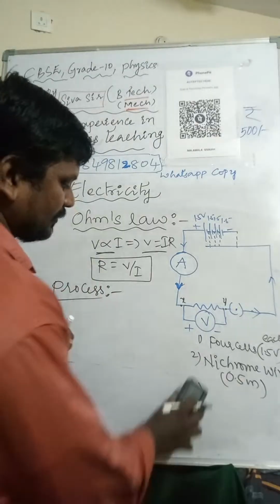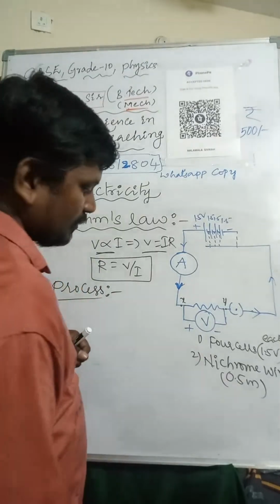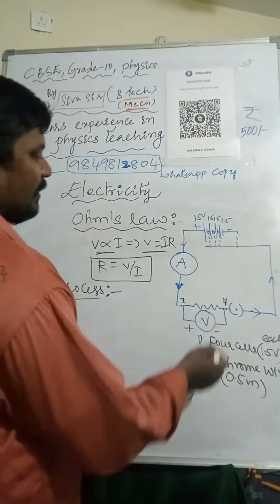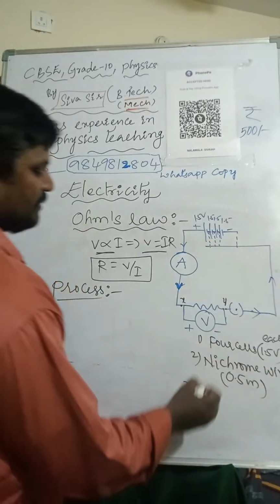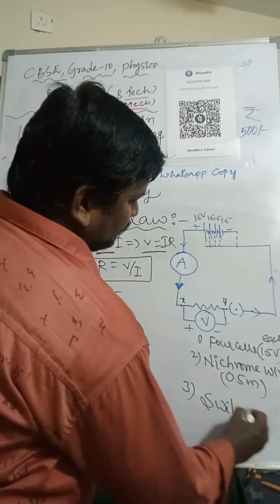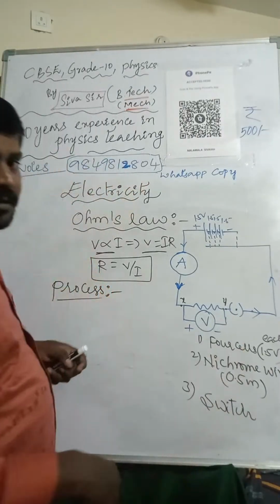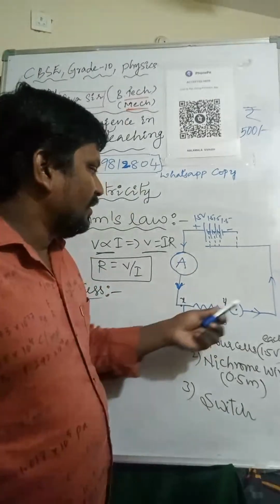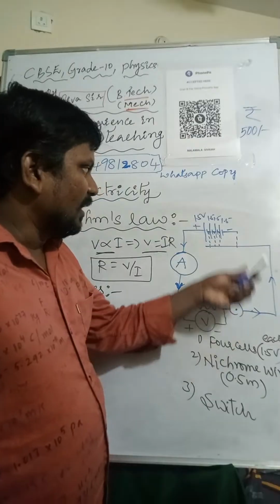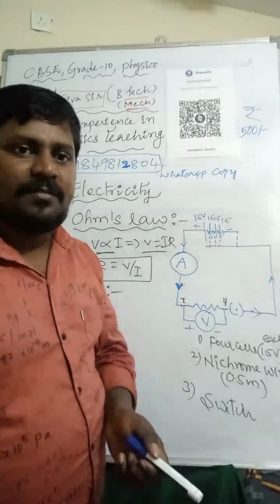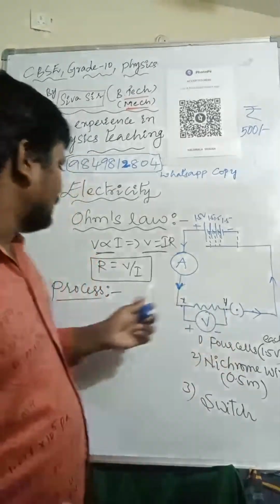Third one, ammeter, voltmeter, switch, connecting wires. So these are the materials required for doing the Ohm's law experiment.